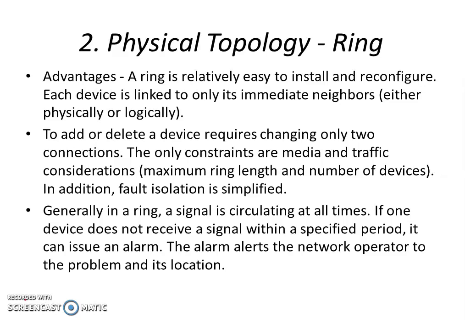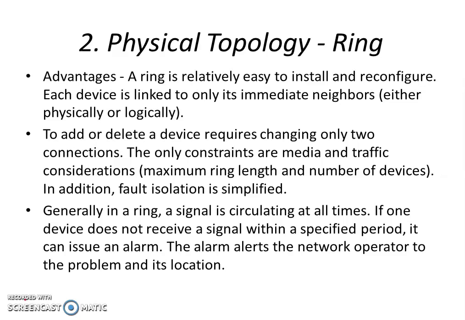Whichever system wants to communicate with another system has to capture this token, and after capturing it will start transmitting. Once the communication is over, it will once again push the token into the ring. So that is the normal concept of ring topology.